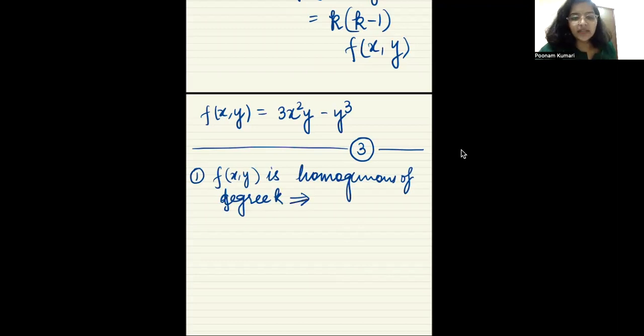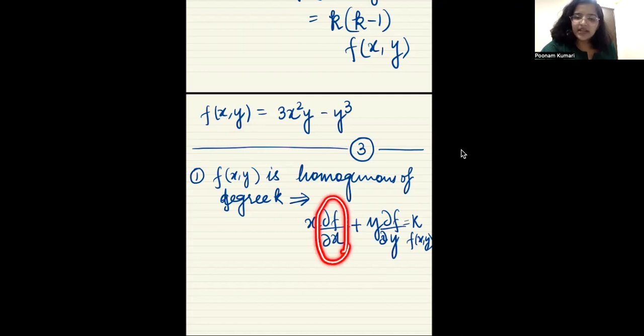What does Euler's theorem tell you? Multiply del f by del x by x, plus y del f by del y, is equal to k times f(x, y). Okay. So now what do we have to do? We have this function. For this function, first we will find the partial derivatives for both, multiply by x, multiply by y, and then see whether this comes out as k times f(x, y) or not. Okay. So we have to verify this statement.